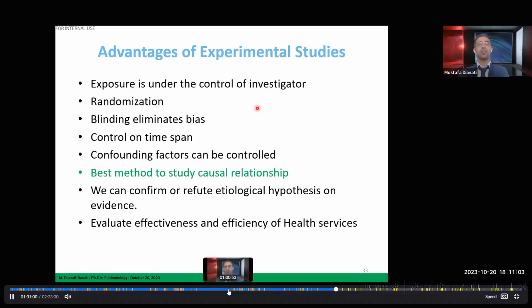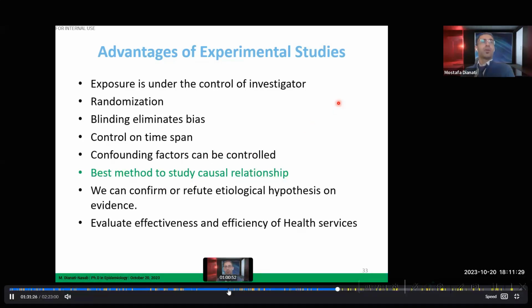As I said, because patients or individuals are randomly assigned, we assume that main confounders are equally distributed. The best method to study causal relationships is for sure RCTs, and after that cohort studies. So as I said, it's the golden approach.